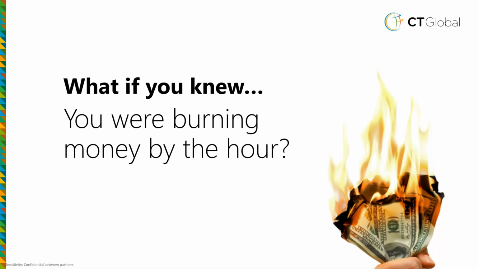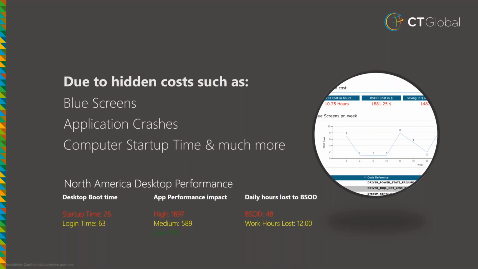Another one that we are seeing is: what if you knew you were burning money by the hour? We don't want to hear that, and sometimes, even if we know, we don't want to see it. But the truth is, we have to get the insights about this. We have to know the hidden cost. And hidden cost can be in so many ways. It can be in shadow IT, but it can also be in your existing environment.